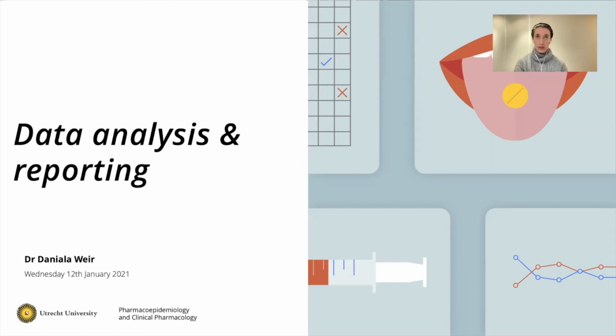So, just a little bit about my research interests. My position is 70% research and 30% teaching. My past research to date has mainly focused on the safety of medications among older adults with multiple chronic conditions. I've done a little bit of work in diabetes medication safety and did a few drug utilization studies.